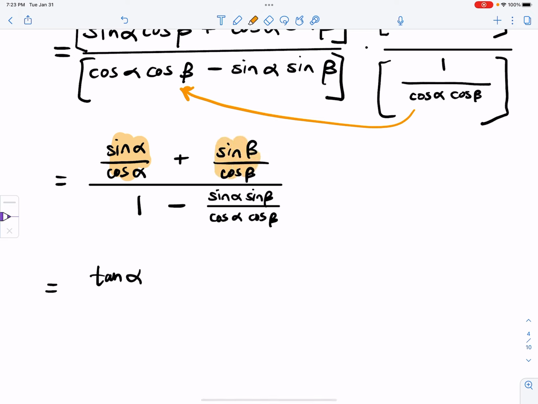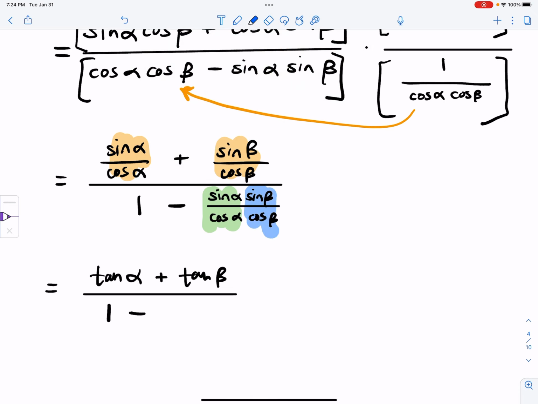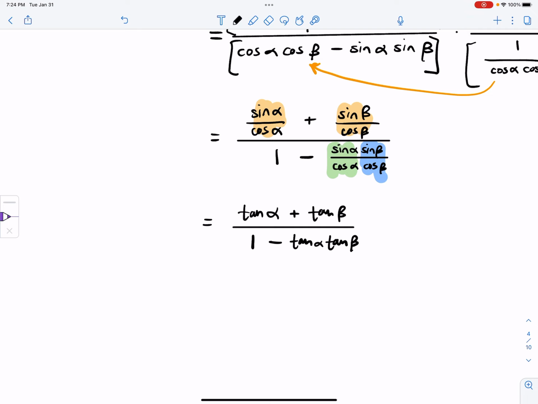And then this will be tangent of beta over 1 minus, and if we're looking at this fraction, we have sine alpha over cosine alpha, and then sine beta over cosine beta, so that'll be 1 minus tan alpha tan beta. Okay, and that is the angle sum identity for tangent.